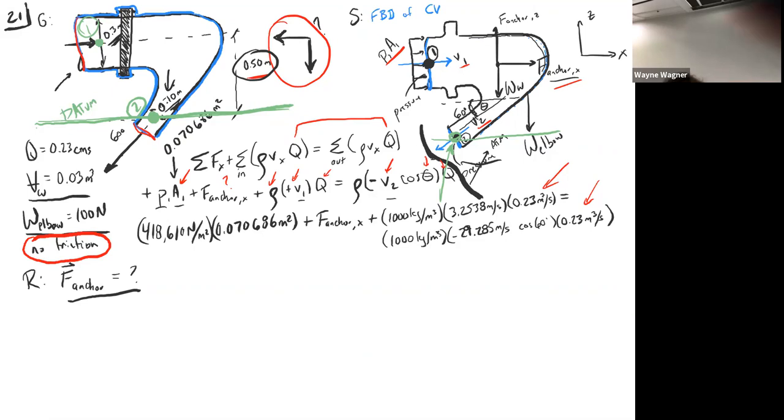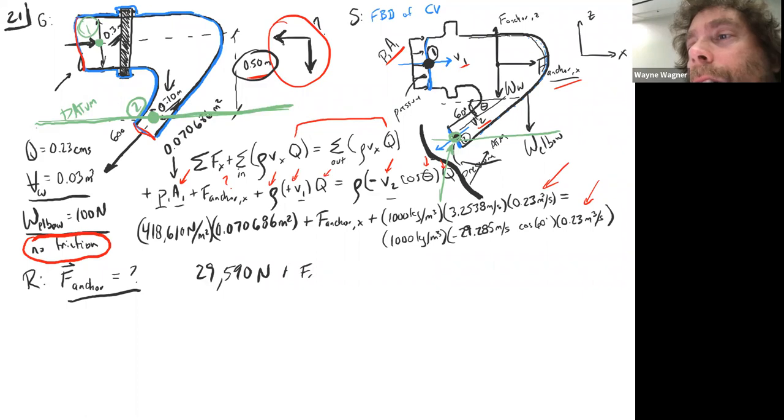Okay, so now we're in the calculator. So 418,610 times 0.070686 equals 29,590. This is newtons, plus F anchor X, plus 1,000 times 3.2538.